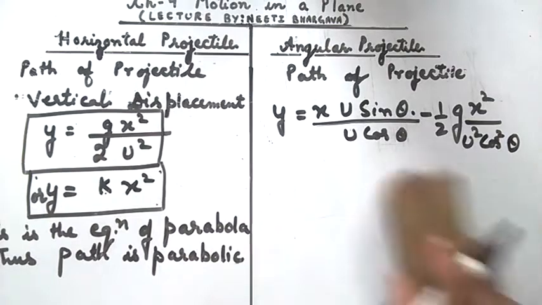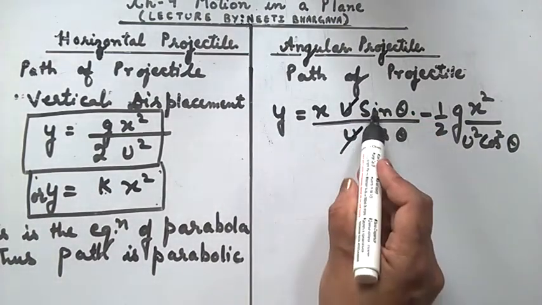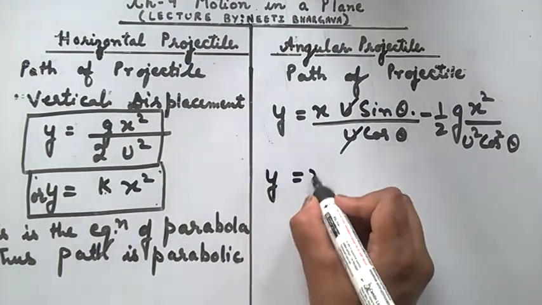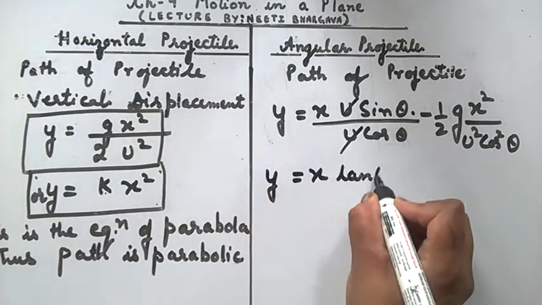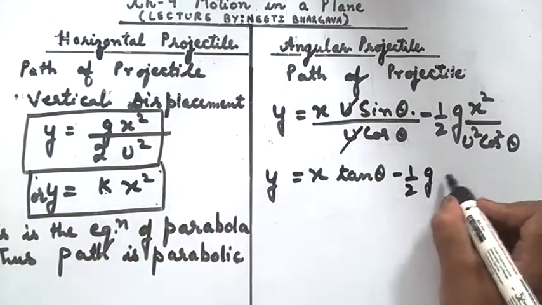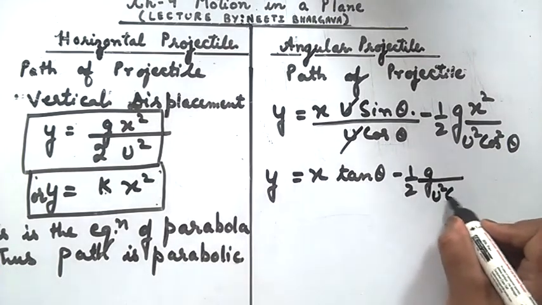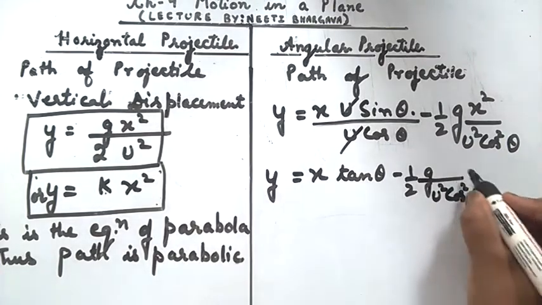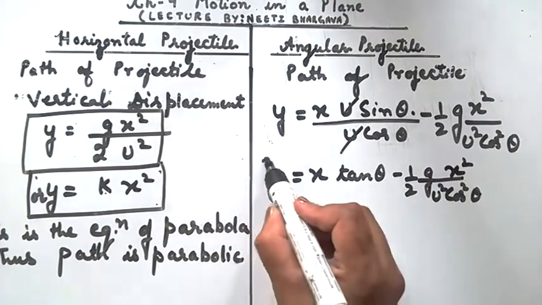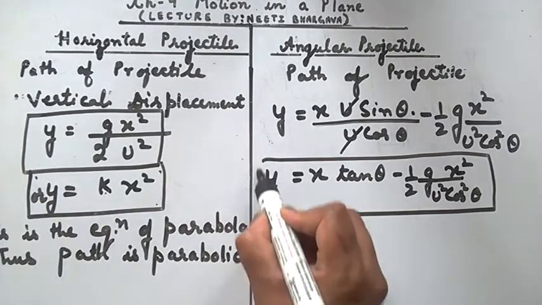On solving, sin theta upon cos theta is tan theta. Therefore, y is equivalent to x tan theta minus half g upon u square cos square theta into x square. This is also the equation of a parabola, thus the path is parabolic.